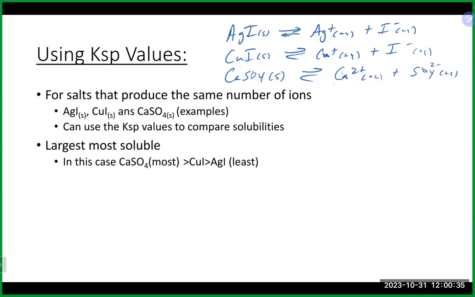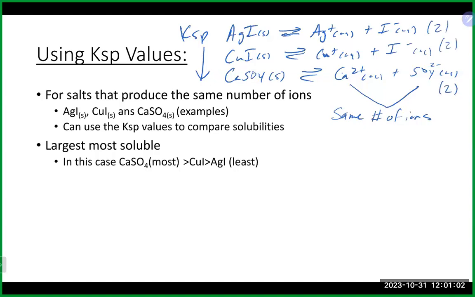Now, when we look at the KSP values for all these, we can actually use them to directly compare each of these to see which one would be more soluble versus the other. The reason we can do that is what we see on this side of the arrow: the same number of ions. This one forms 2 ions, this one 2 ions, and this one 2 ions.